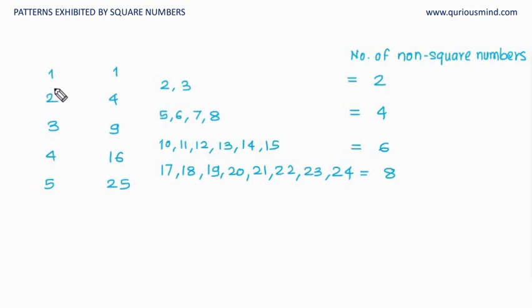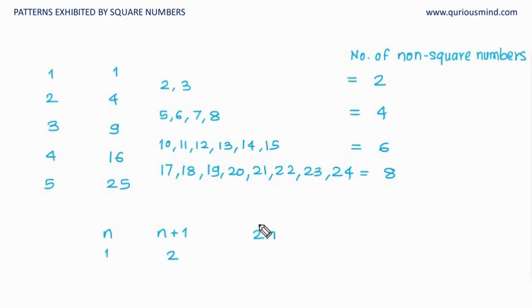So the pattern here I can see is, let me call the first number n and the second number is going to be n plus 1. So if I want to know between the squares of n and n plus 1, how many non-square numbers I have, I have 2n non-square numbers. So n was 1, n plus 1 was 2.